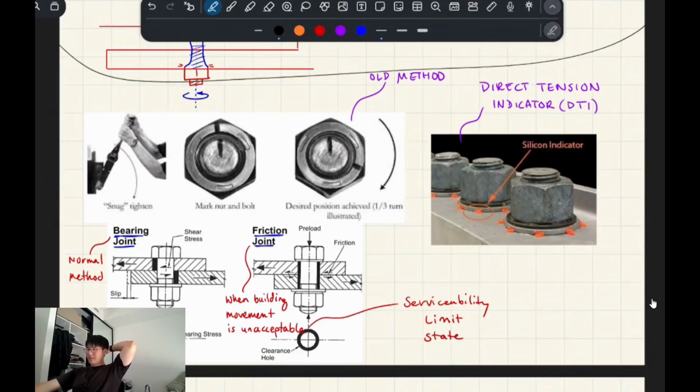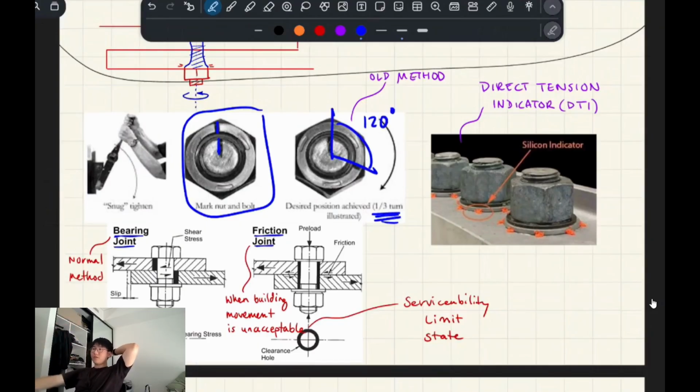There used to be a mark method, where you put a Sharpie mark on the nut and the bolt, and then make sure they've achieved a 60, what is this, 120 degrees rotation between the starting point and the final point.